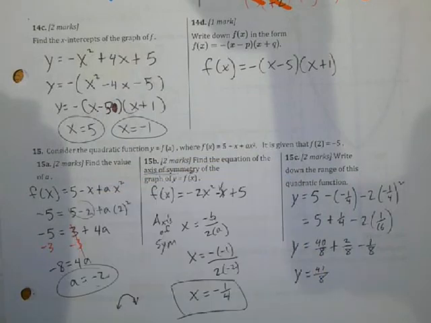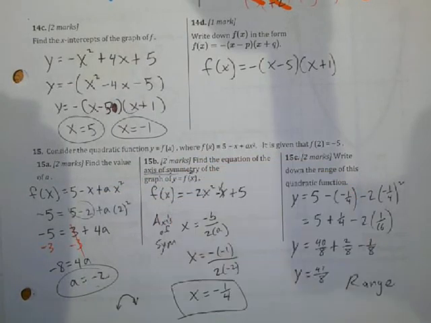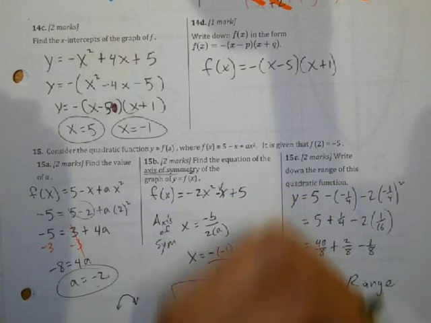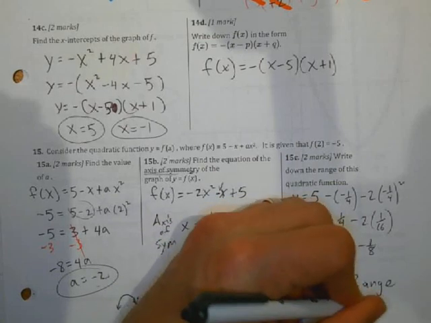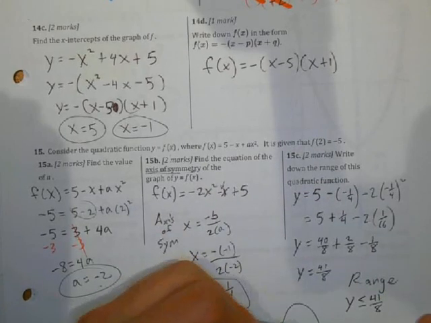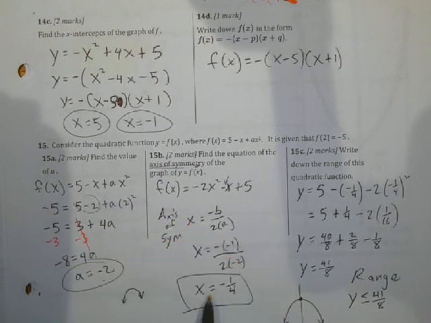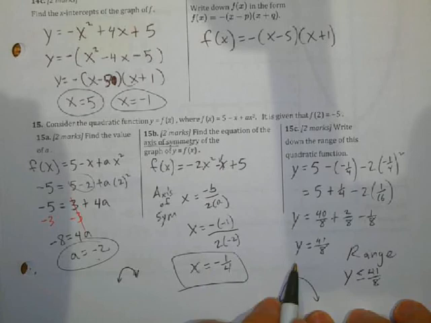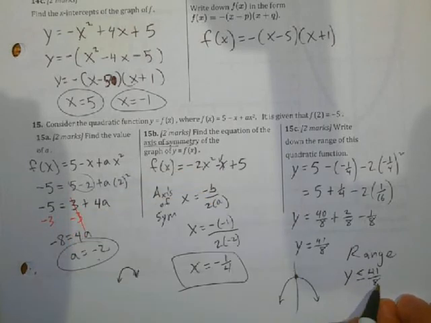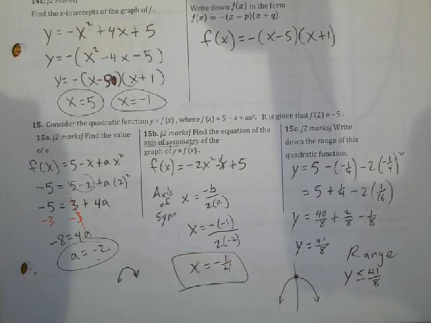And so my range is y is less than or equal to 41 over 8, because my axis of symmetry is here at negative 1/4, and the y value is 41 over 8. So that's the vertex here. You might want to hit pause and think about that for a second. Let's do the last page.